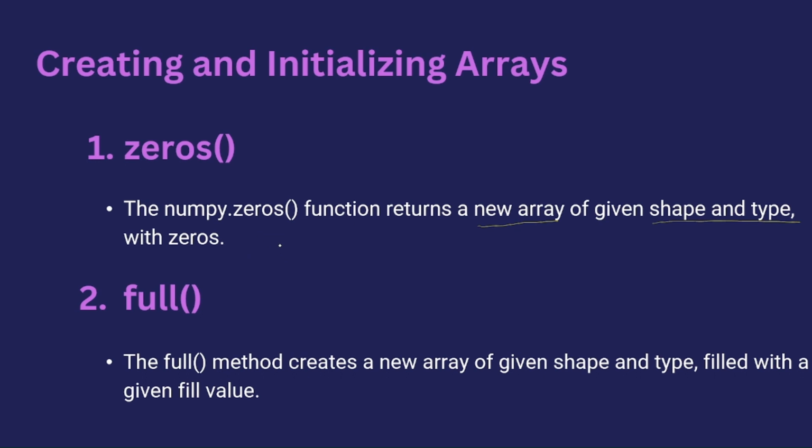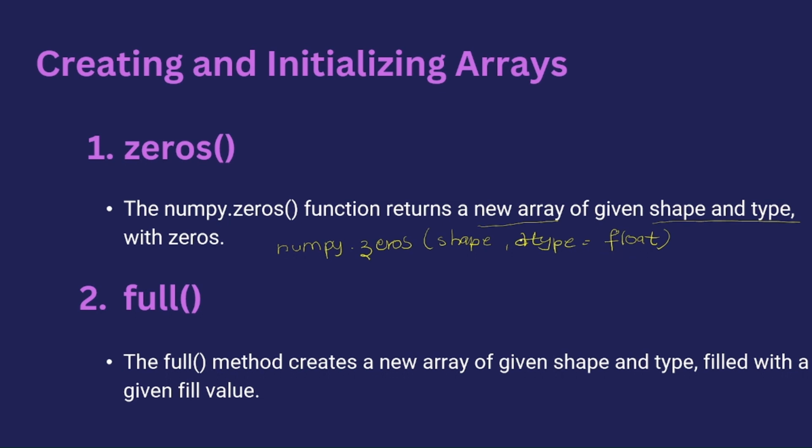I will show you the syntax of this function: numpy.zeros(shape, dtype=float). Here shape is the size, I mean the dimension of the array, and data type is the type of data which you want to store in that array. By default the data type is float.